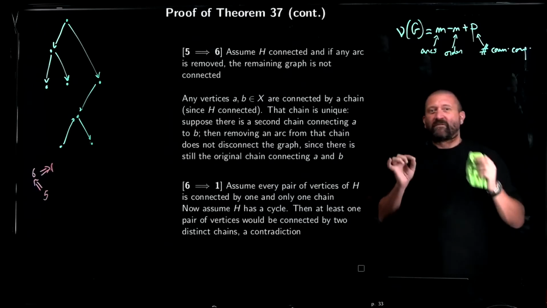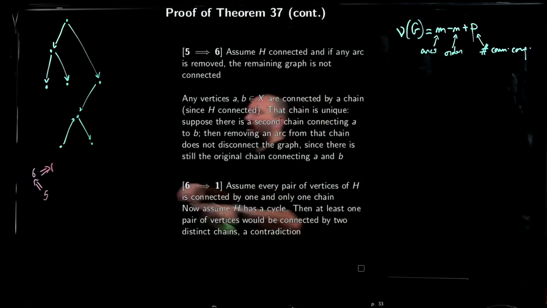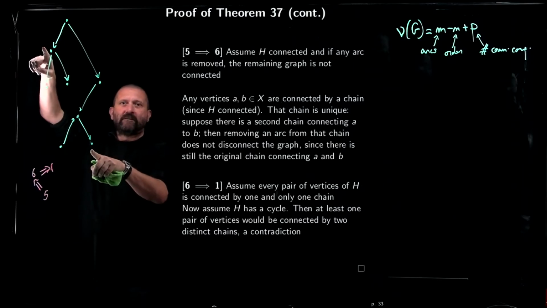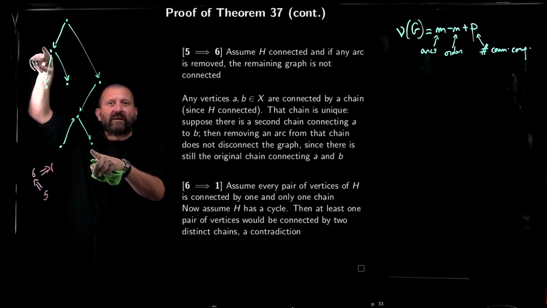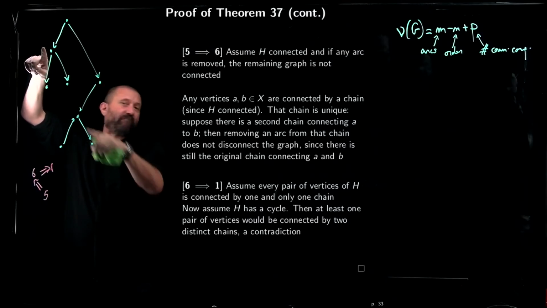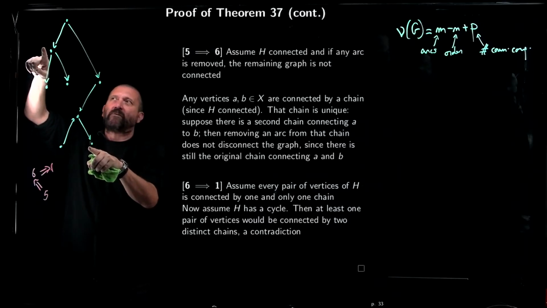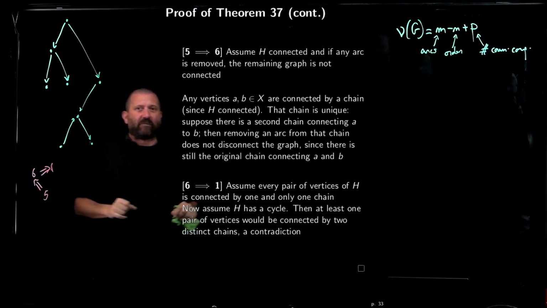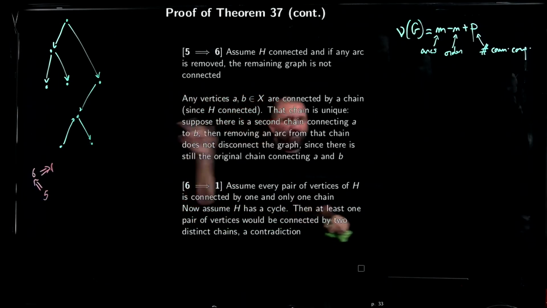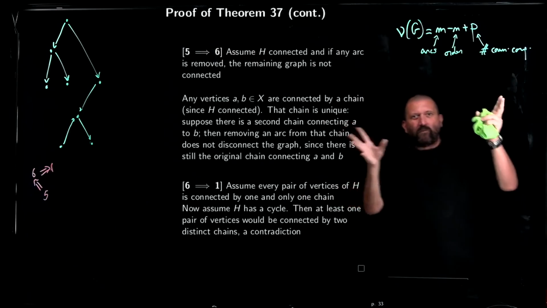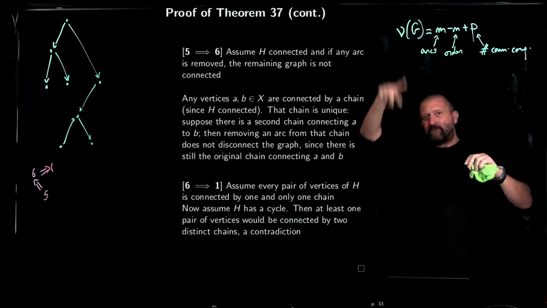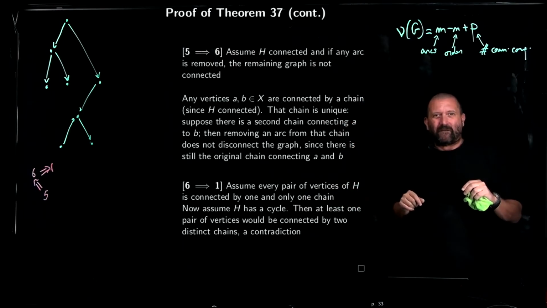Suppose I have a pair of vertices, my graph is connected, and suppose that I have another chain of arcs that I can follow to go from this vertex to this vertex, for example. Well, that means that there are 2 ways to get there.